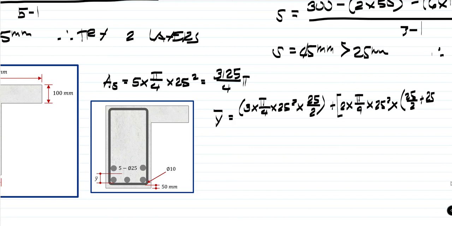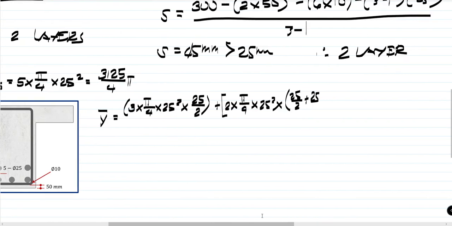So minsan nilalagyan pa yan ng stirrups pa ulit dito, pa ganyan, so para may kapitan siya. So syempre, pag nilagyan mo na yan ng stirrups dyan, meron na yung additional na 10. So that is 10 plus 25 pa. Then, syempre, papunta sa baba, yung diameter ng first layer, which is 25.